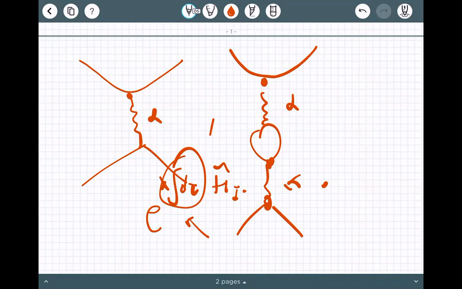So weakness of the force does not immediately translate into perturbation theory being useful. Okay? You have to be careful. And I have no particular wise algorithm to give you other than be careful.